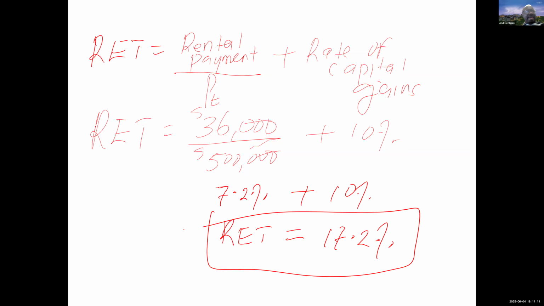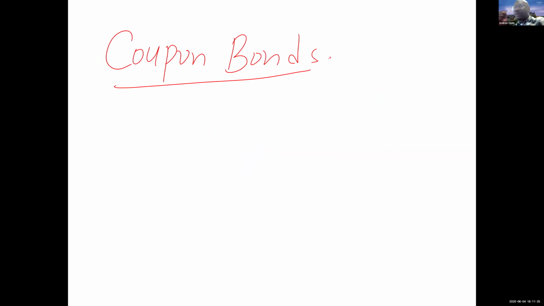Okay, so now let's go back to the bond investment. Now that you know how to calculate rate of capital gains, we're talking about a coupon bond. So the formula for a coupon bond, because when you buy a coupon bond, remember, let's say it's a 10-year bond, and suppose you did not hold it until maturity, you sold it, there's going to be a rate of capital gains. So after 1 year, you're going to get a coupon C. C could be $100.